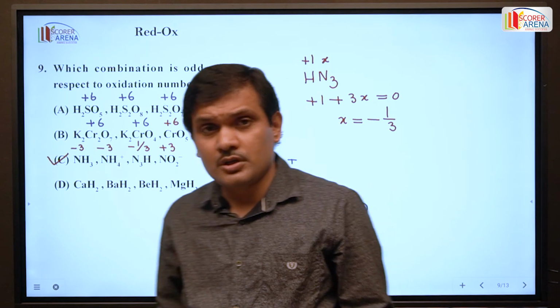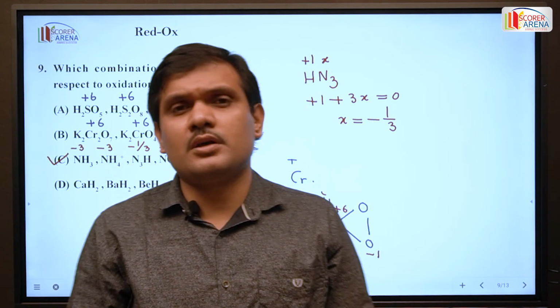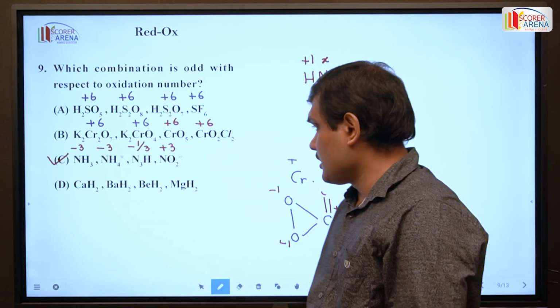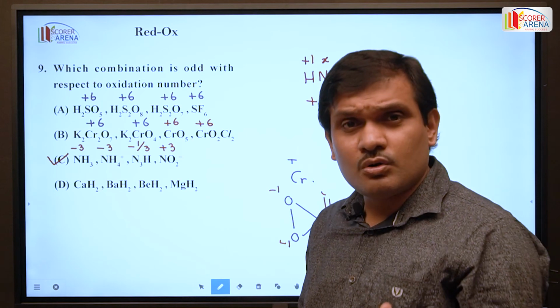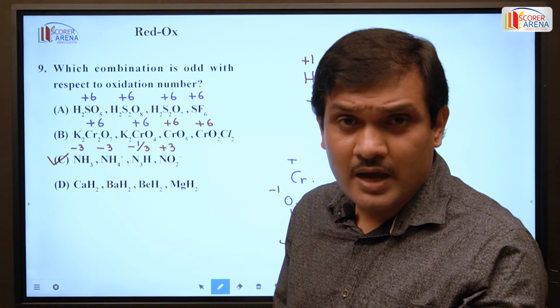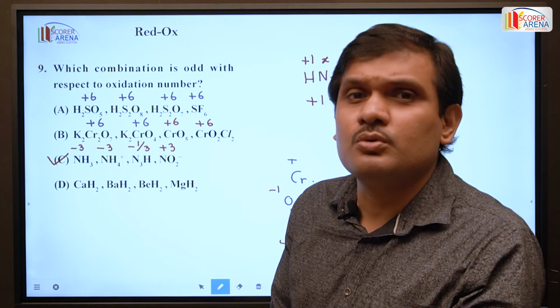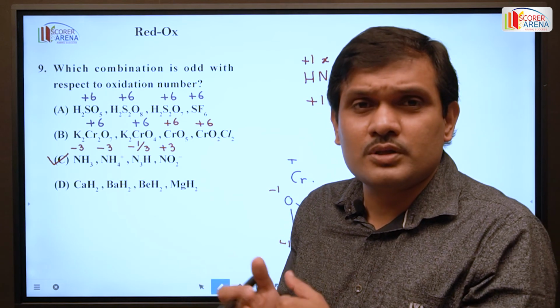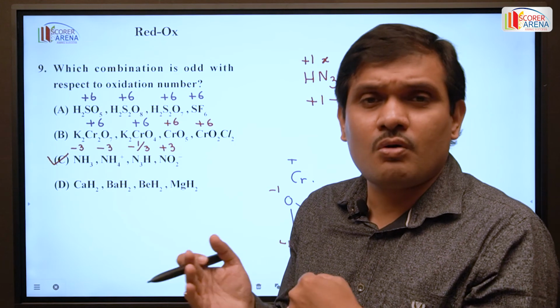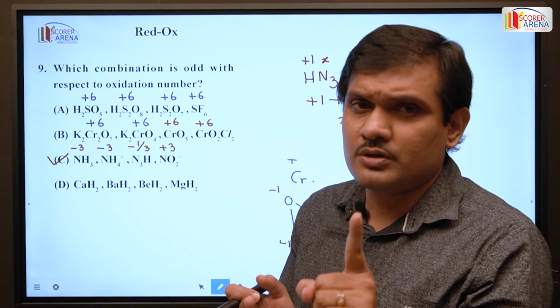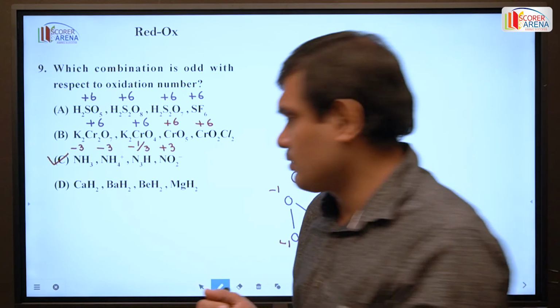And for simplicity, if I deal with the last option, here hydrogen is combined with metals. When hydrogen combines with metals of group 1 or group 2, hydrogen always acts as hydride. In all the hydrides, hydrogen is definitely in the -1 oxidation state.